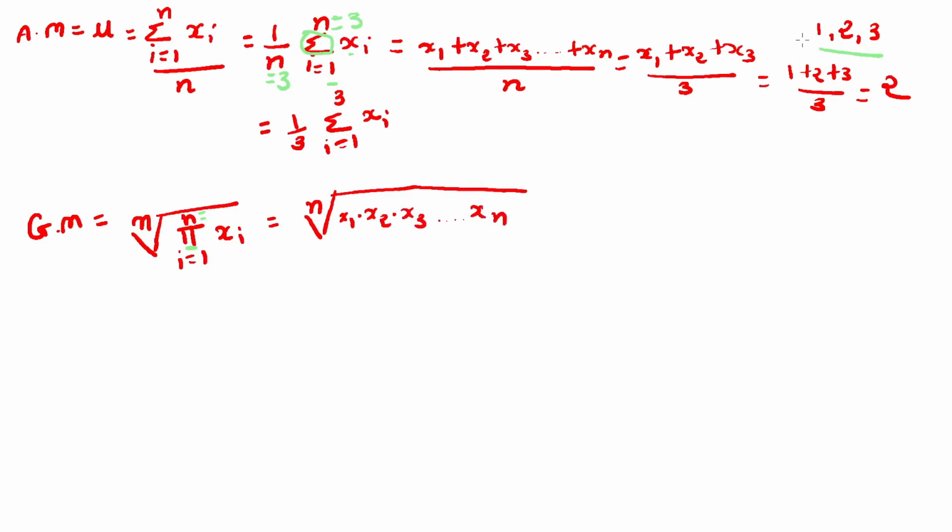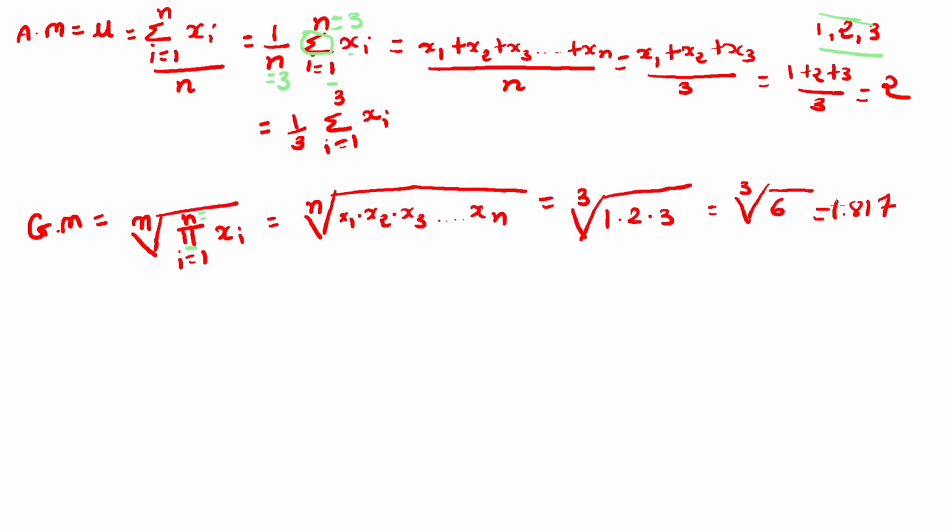Okay, and in the case of these three numbers, it will be like 3. So my total data points, total counts are 3, and then dot product of these three numbers, so 1 dot 2 dot 3. So it will be third root of number 6, which will become 1.817.